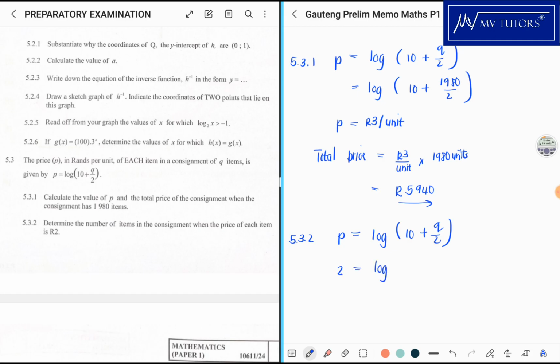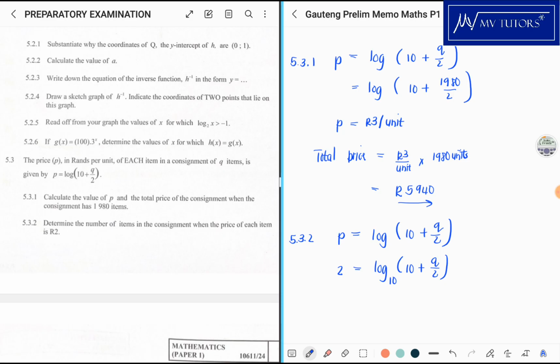So we have 2 is equal to log of 10 plus Q over 2. In the absence of a base, remember, if it's base 10, we don't write it. You must just know that.